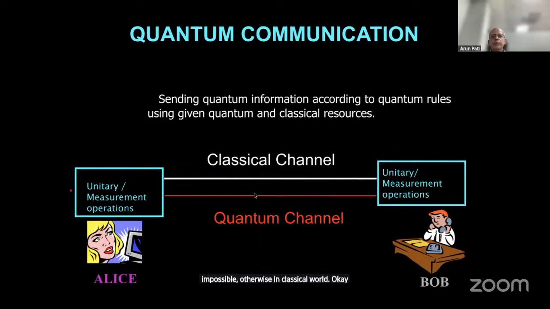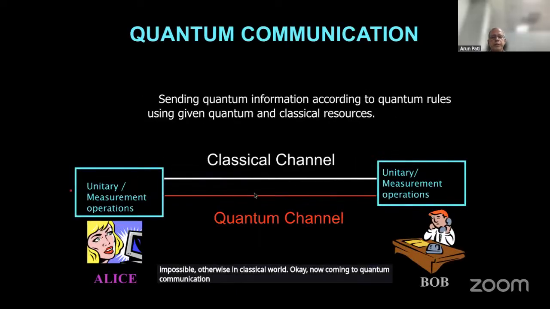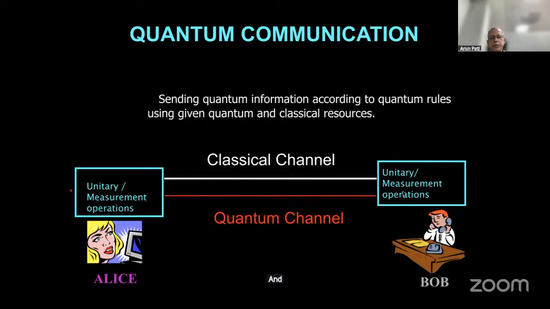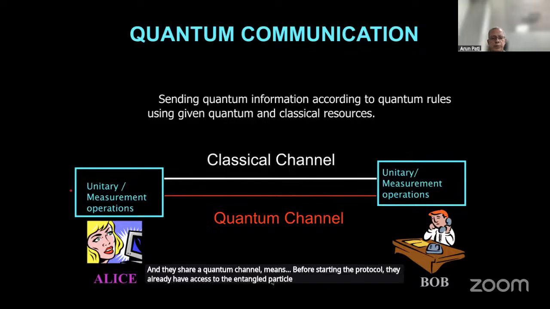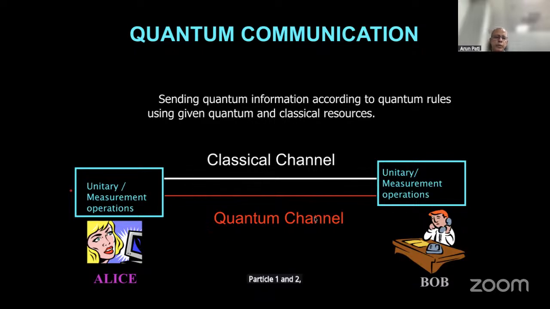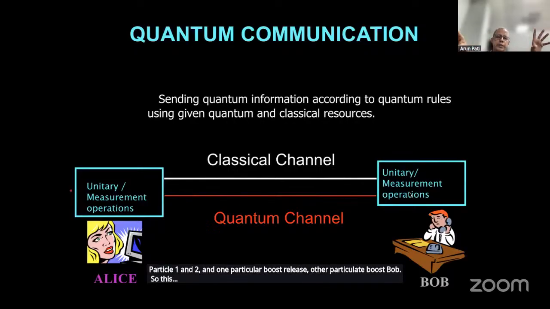Now coming to quantum communication, typically this is the setting: you have a person Alice, you have somebody called Bob, and they share a quantum channel, meaning before starting the protocol, they already have access to an entangled pair. There is some source that emitted two particles, 1 and 2, and one particle goes to Alice, the other goes to Bob. So this quantum channel is basically an entangled channel.